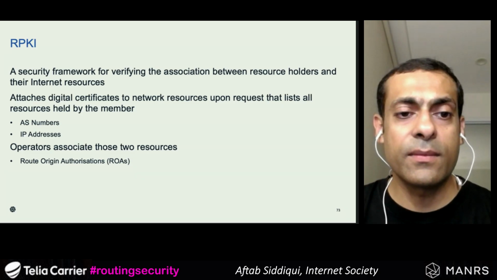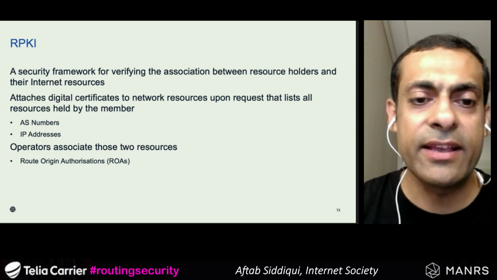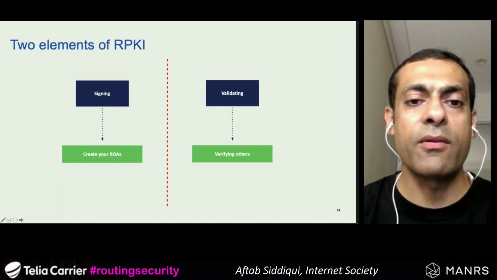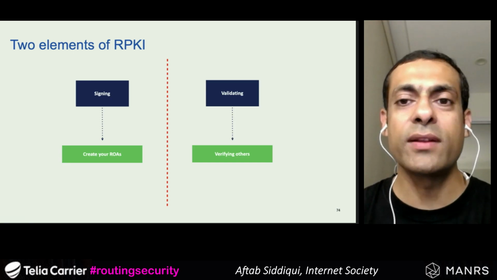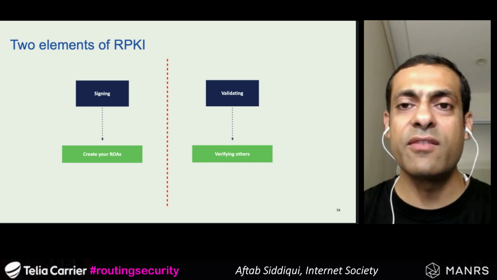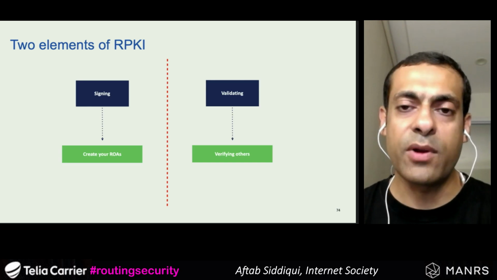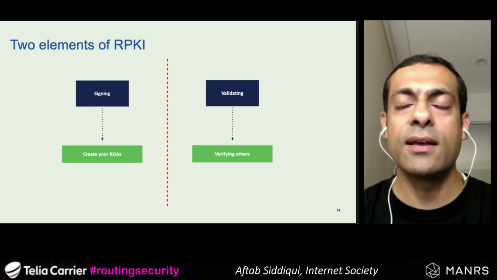So that's now the second phase of RPKI, called route origin validation. Number one was creating a ROA. It means you are creating a digital certificate or digitally verifiable information that this route belongs to this AS number, right? Or this route is authorized.